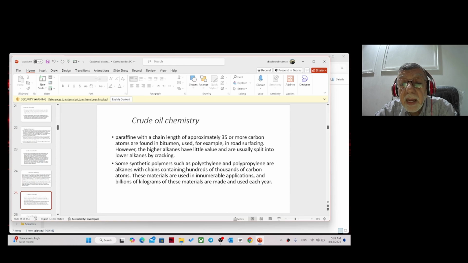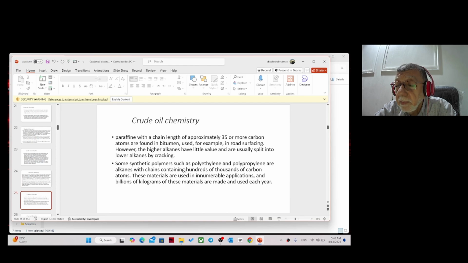However, the higher alkanes have little value and are usually split into lower alkanes by cracking. That is, they are either used as bitumen or cracked by a cracking process to convert them to light components.